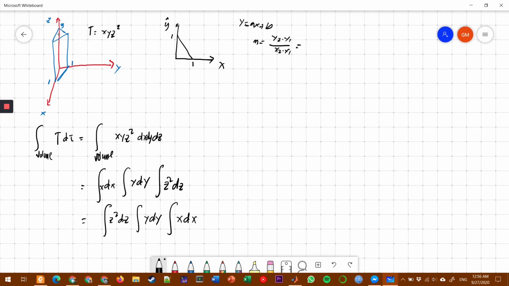Say this is point 1 and this is point 2. So y sub 2 is just 0, right? Then y sub 1 is 1. Then x sub 2 is 1, minus x sub 1 which is 0, right? So the slope actually is negative 1.